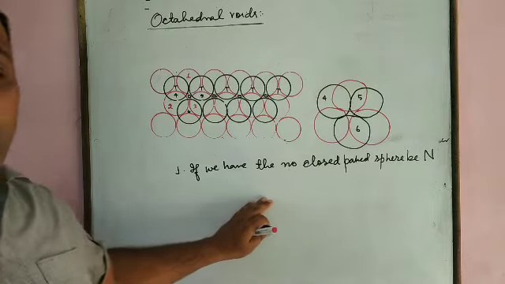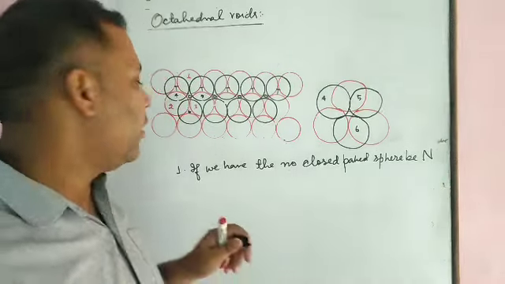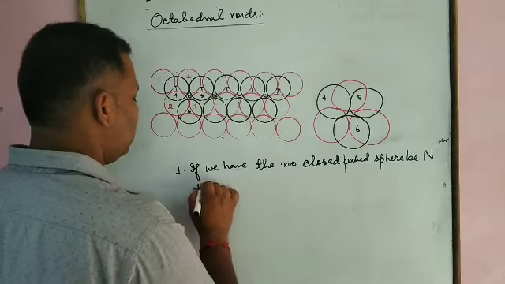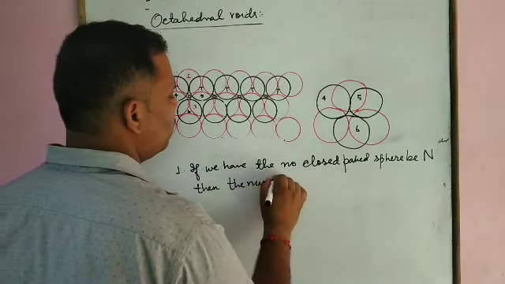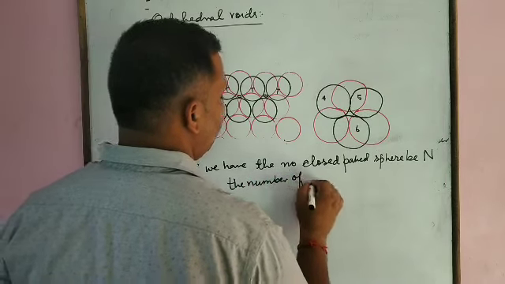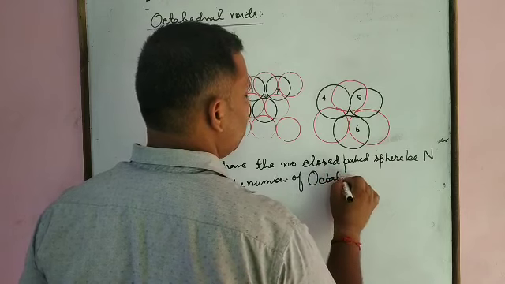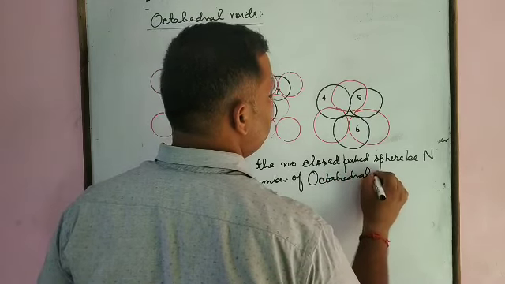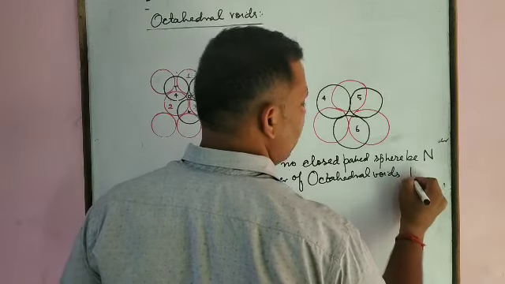In a close packed structure, if we have n spheres, then the number of octahedral voids is n.